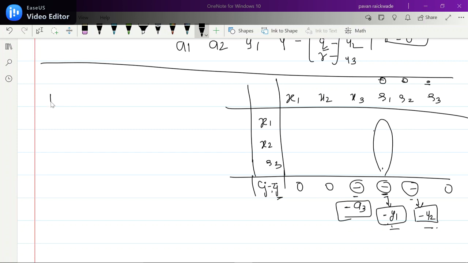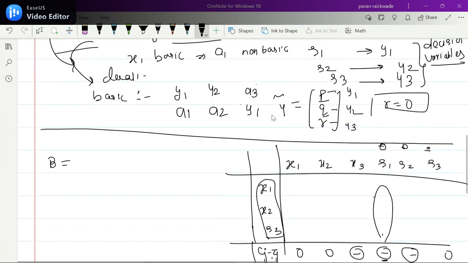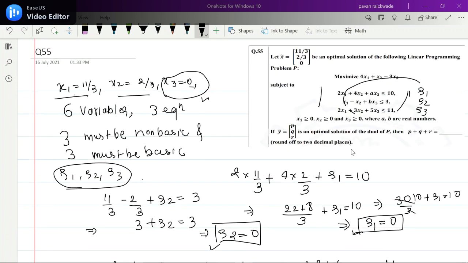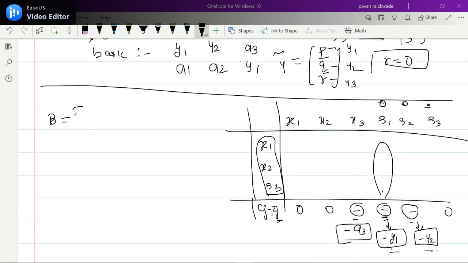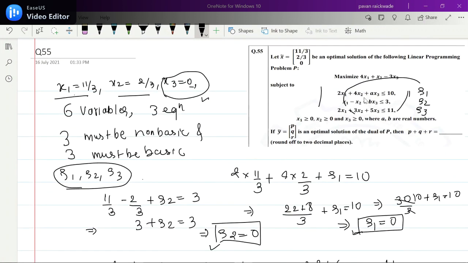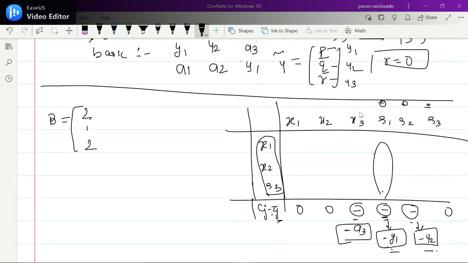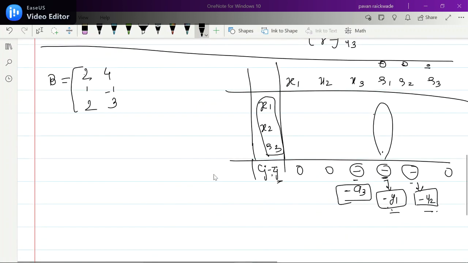So for the matrix method, B is the matrix of coefficients of the basic variables in the optimal table. The basic variables are x1, x2, x3, and corresponding to these basic variables, we have to look for the coefficients in the primal. x1: 2, 1, 2; x2: 4, minus 1, 3; and S3 will be 0, 0, 1.